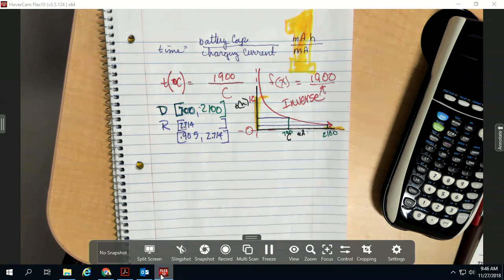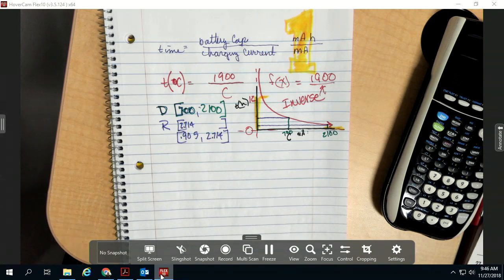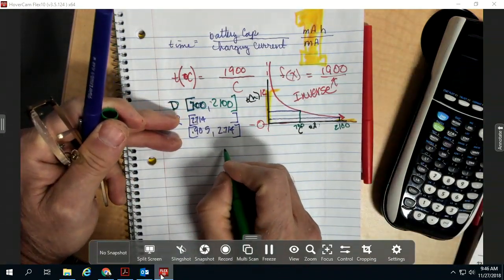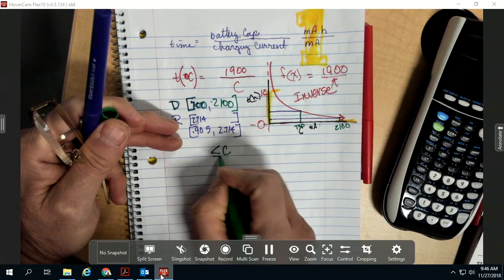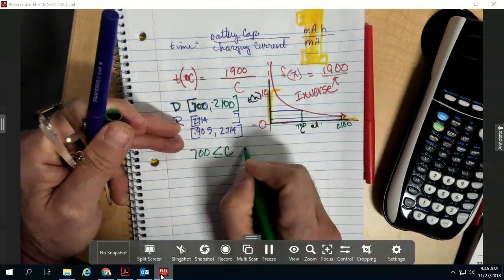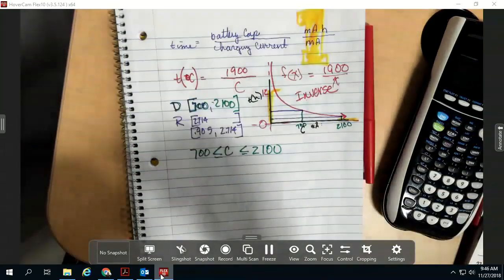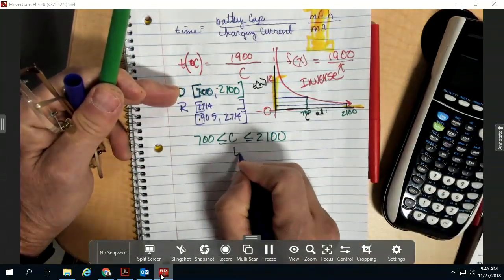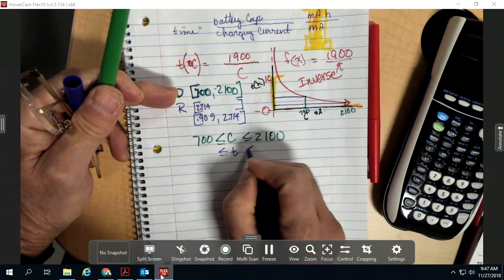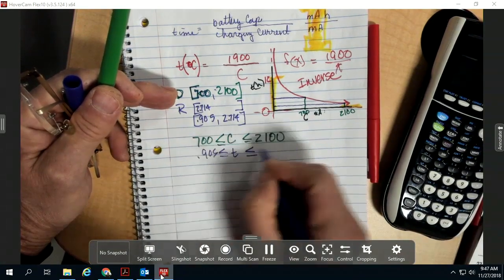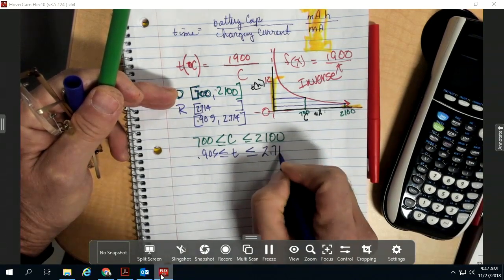We are used to writing that first one as C is between 700 and 2100, and we're used to writing the other one as T is between 0.905 and 2.714.